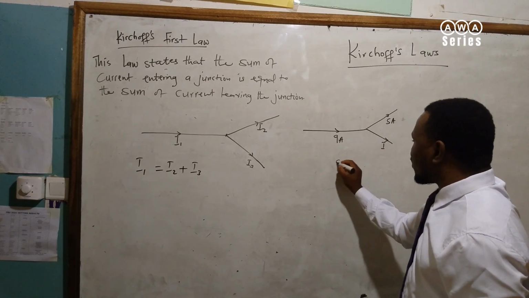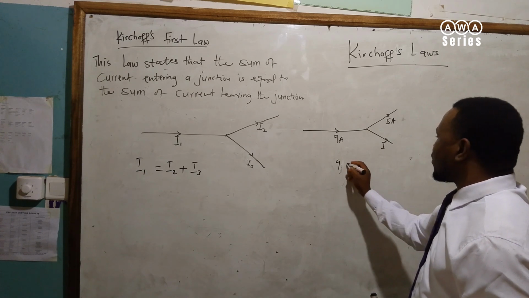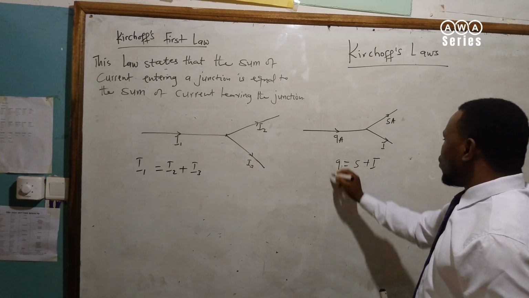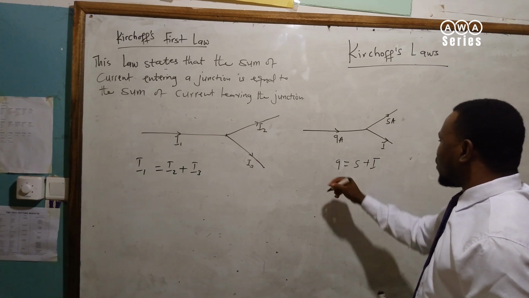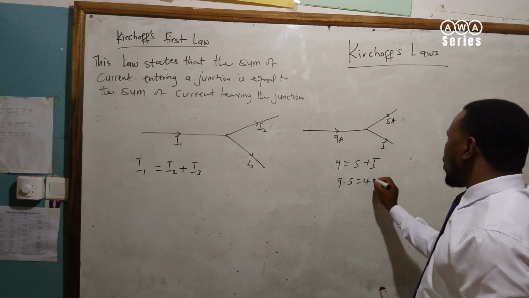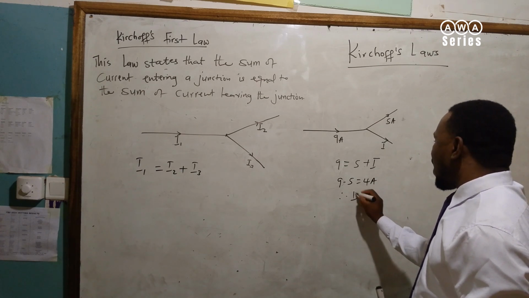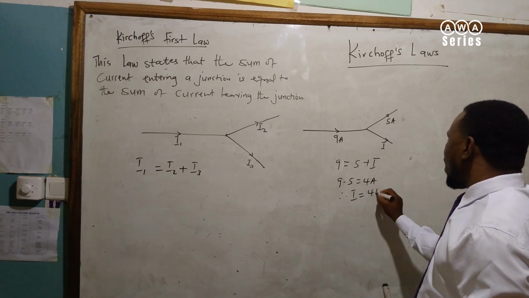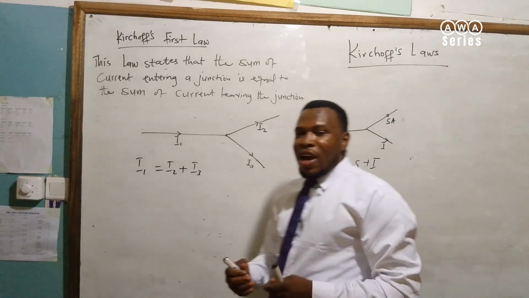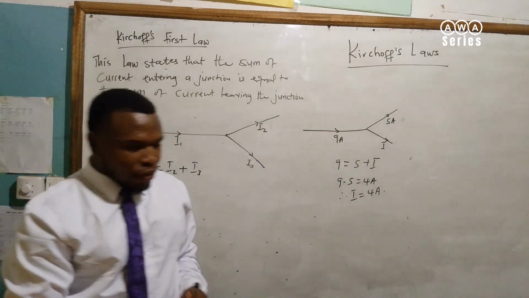Therefore, the one entering is 9 amperes, equal to 5 plus I. And when you do your simple algebra, you have 9 minus 5. That gives us 4 amperes. Therefore, I is equal to 4 amperes. Very simple.